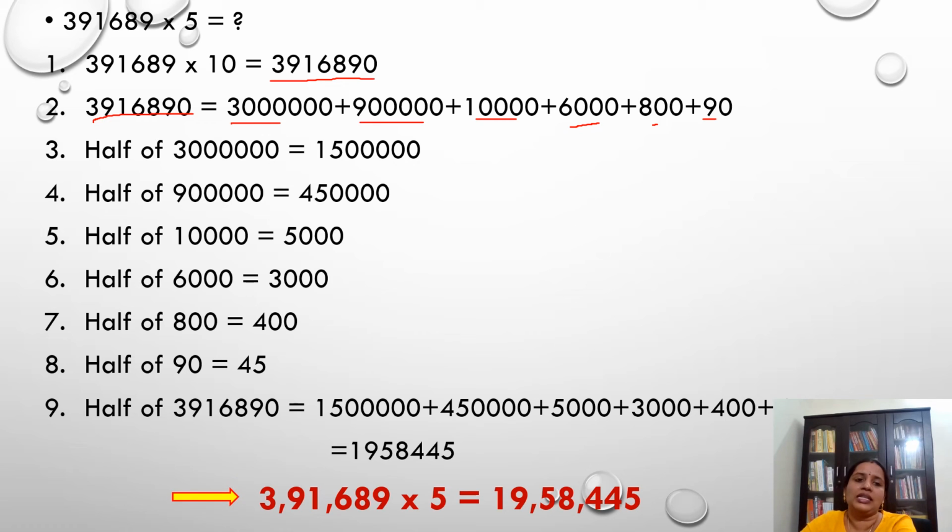So 39,16,890 into 5 is equal to 19 lakhs 58,445. Not only this number, you can extend the same method to any number of digits.